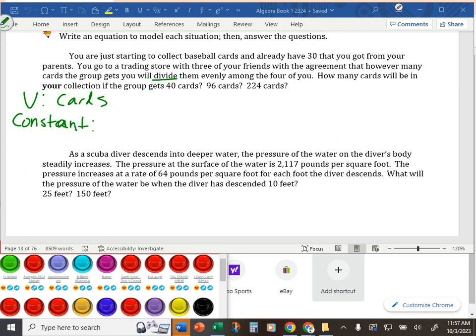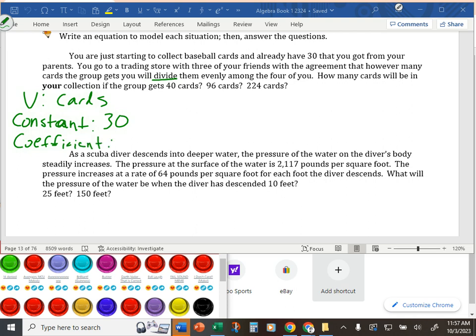But what is the constant here? What's your initial starting value? 30. Right, because you got them from your parents. Okay, you can go and buy as many cards as you want to at the store. That's not going to change what your parents gave you. Okay, so the constant is going to be 30.